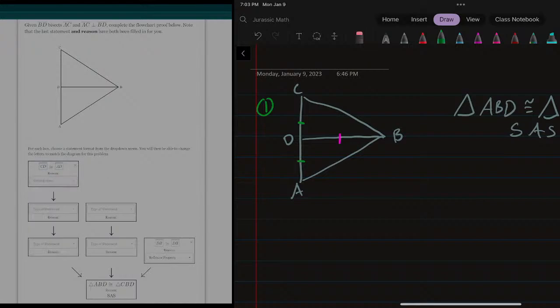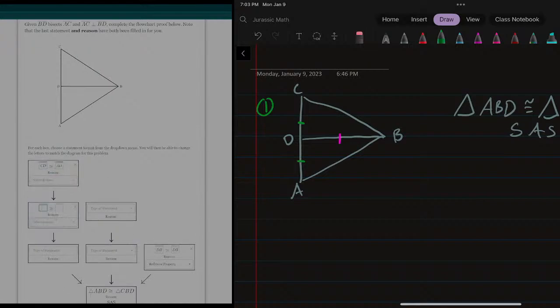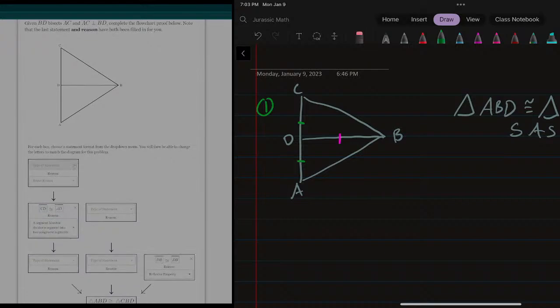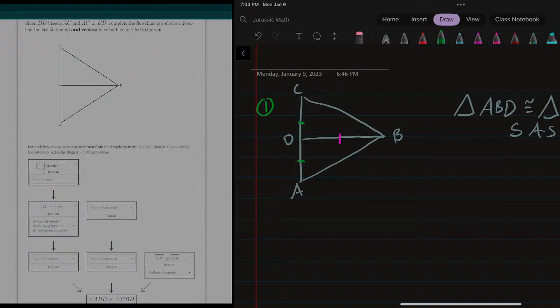Oh, no, I can't say that yet. That's going to be the second one. My bad. CD and AD, that's the second one, because that's the definition of bisect. And the other top one should be my written statement, which I did not write down, was given BD bisects AC. That's going to be our given.